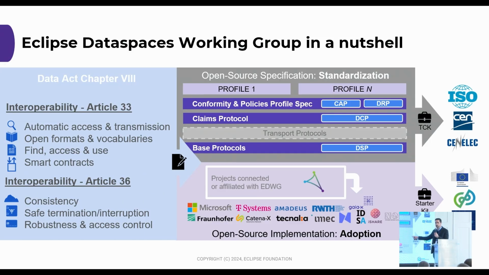And the lower part, which is the purple one, is adoption. Those are our two key things to be provided as outcomes from the Eclipse Data Spaces Working Group. You can see, we will deliver concrete actionable items, protocols to be standardized, and code using those protocols.